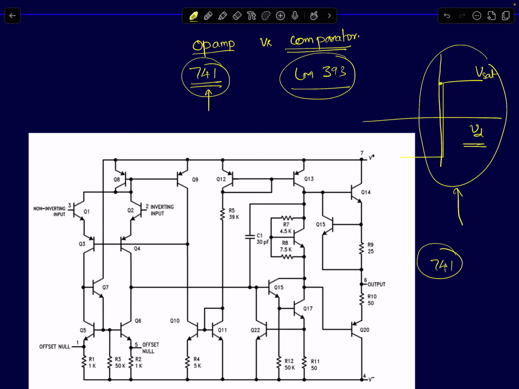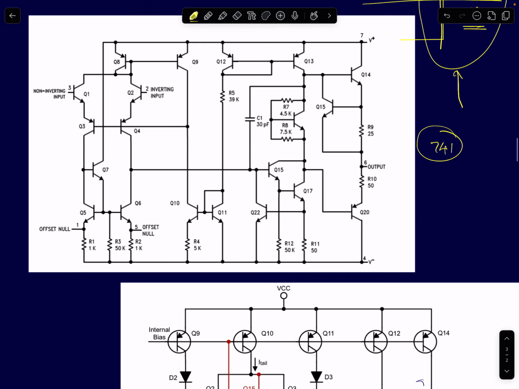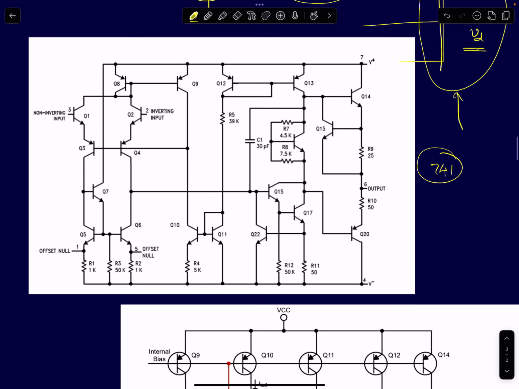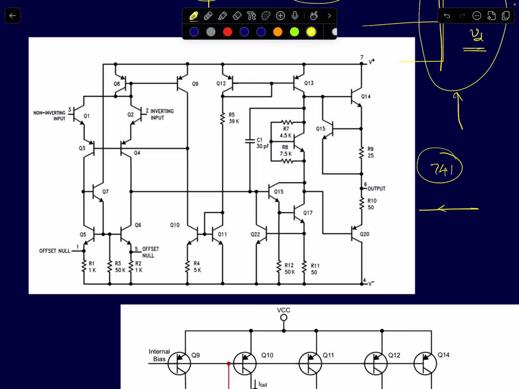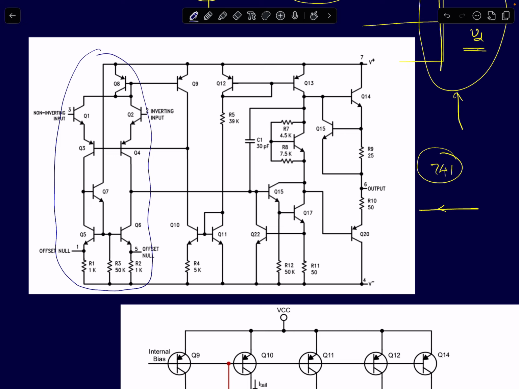So first, to understand the difference between an Opamp and a comparator, we need to look at the circuit schematics of the Opamps and comparators. Shown here is the schematic of the 741 Opamp. I will not analyze the circuit rigorously, but I'll show that the first stage is a differential to single-ended output stage. It's an amplifying stage which acts like a differential input to single-ended output stage.